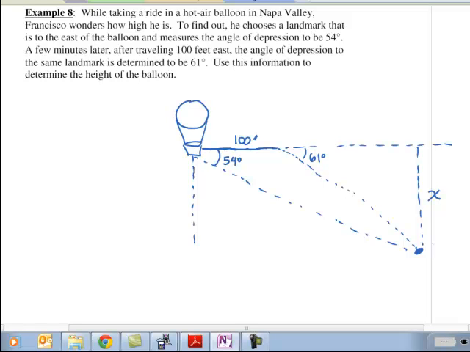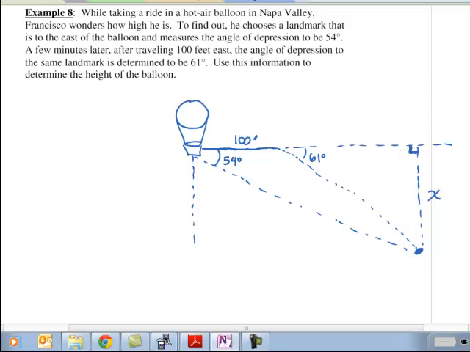So we don't have a whole lot here, but we want to be looking for right triangles. If we've got this as a right angle, we've got two different right triangles we could be looking at. The height is involved in both of them. It's the same, but the angles are different for those different triangles, right?